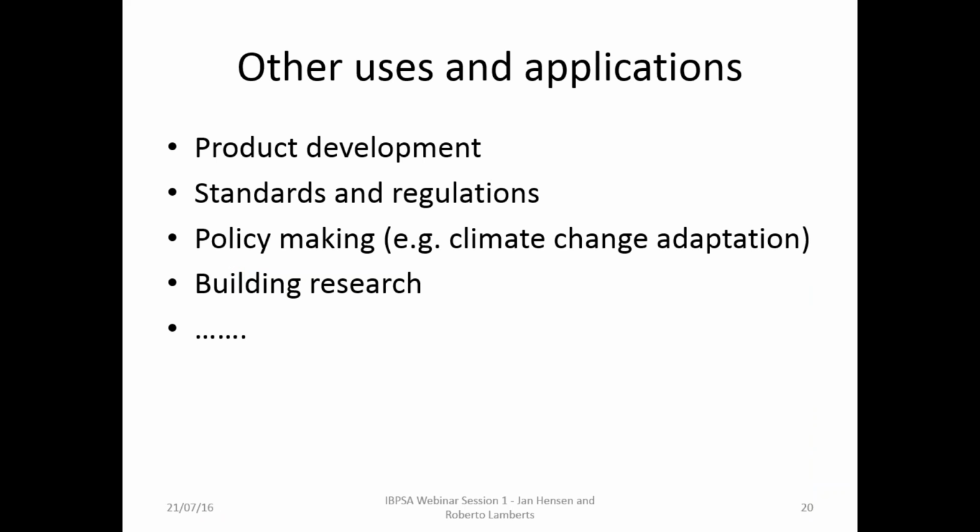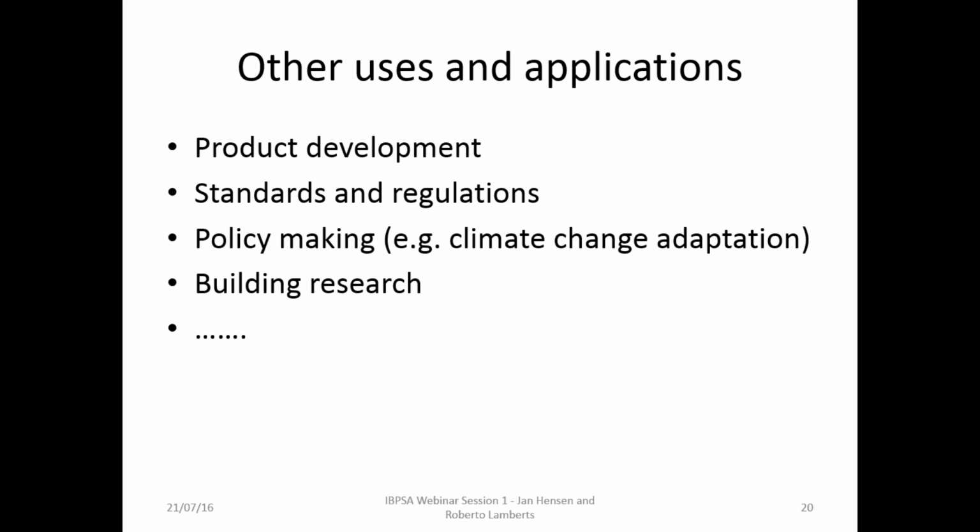But there are other uses and applications. I mean, other than design. For example, you can use it for product development. It doesn't even have to be existing products. This can be like an imaginary product. Simulation is a very powerful tool to predict what will happen if a product has a certain characteristic, for example.